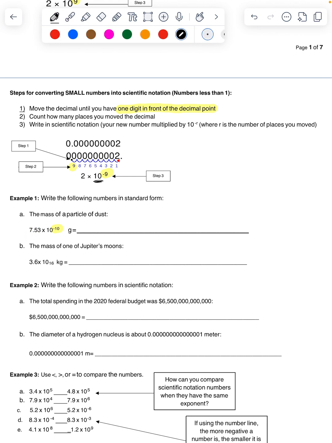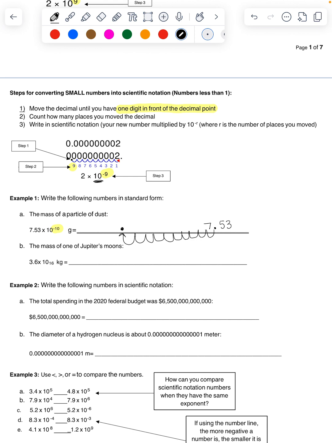I'm going to go ahead and write the 7.53 over here because I know I'm going to have zeros in front of it because I have a small number. I need to move the decimal to the left 10 times. 1, 2, 3, 4, 5, 6, 7, 8, 9, 10.